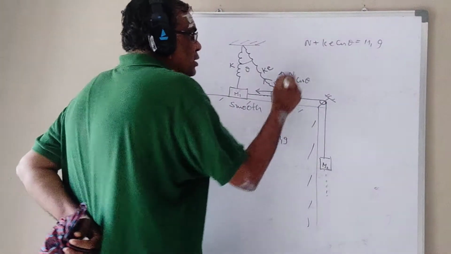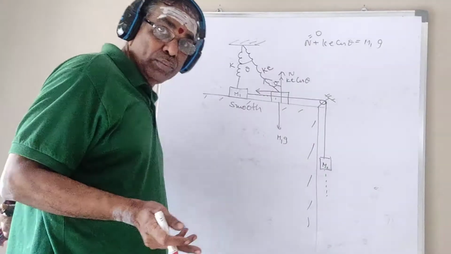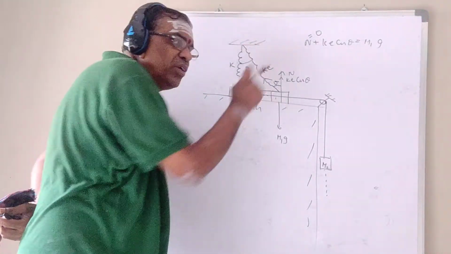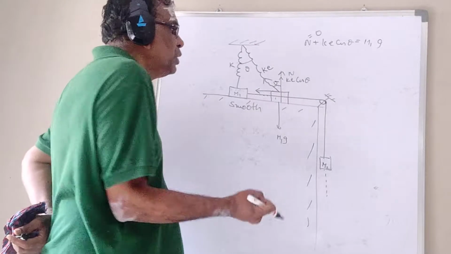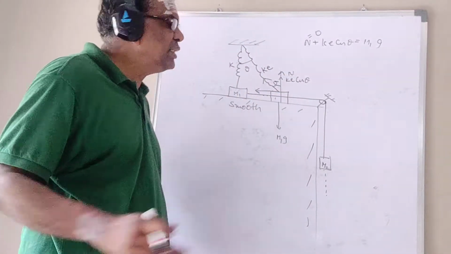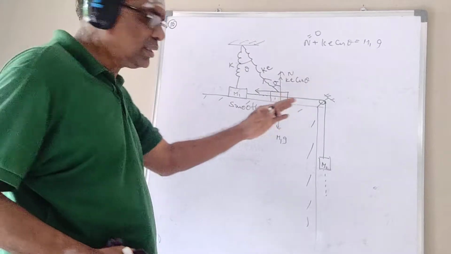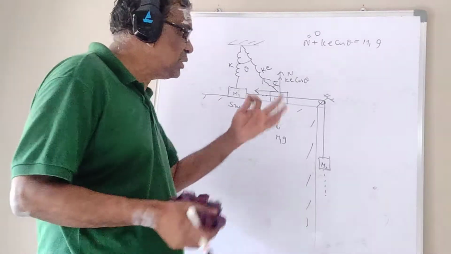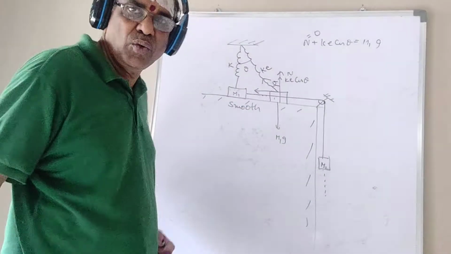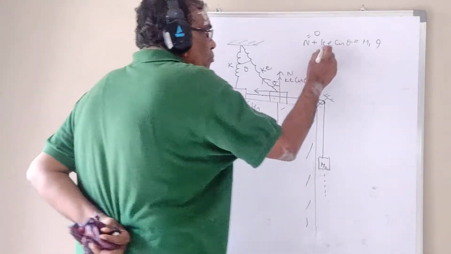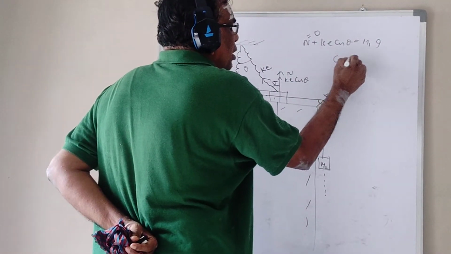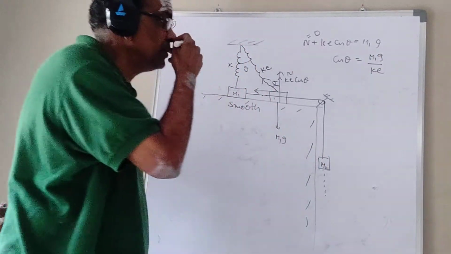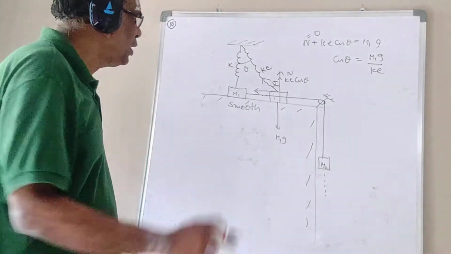At one stage, that N may be 0, meaning the body could be lifted up because the upward component of the spring force is trying to pull up the body. Therefore, there is a chance that at that instant the velocity, or anything else, they may ask. We will see how to work on those problems. In which case, cos theta is equal to M1g by KE. Okay, but what is E?